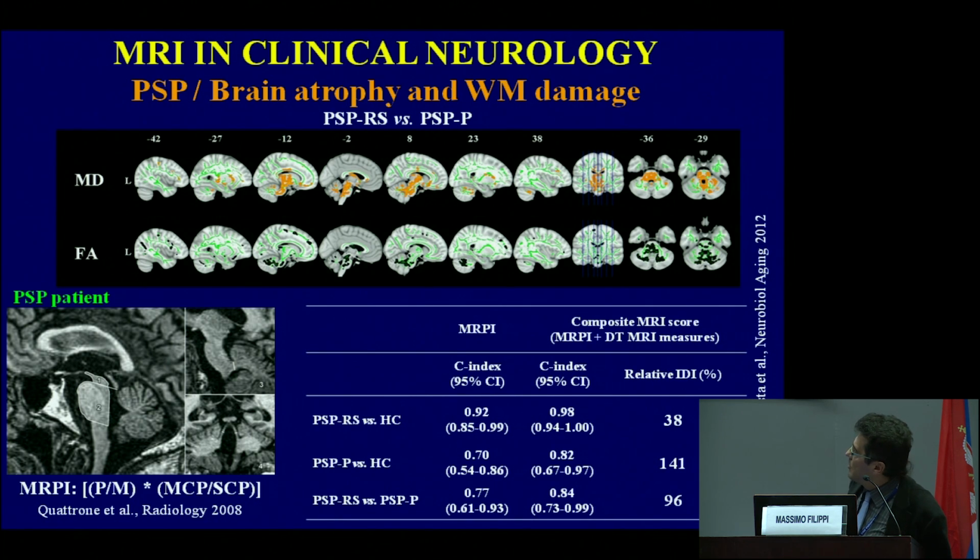For instance, compared to the more conventional approach, if you combine the two, you can improve by roughly 100% your ability to distinguish between Richardson syndrome and PSP Parkinsonism, which is a very complex scenario in daily life practice.